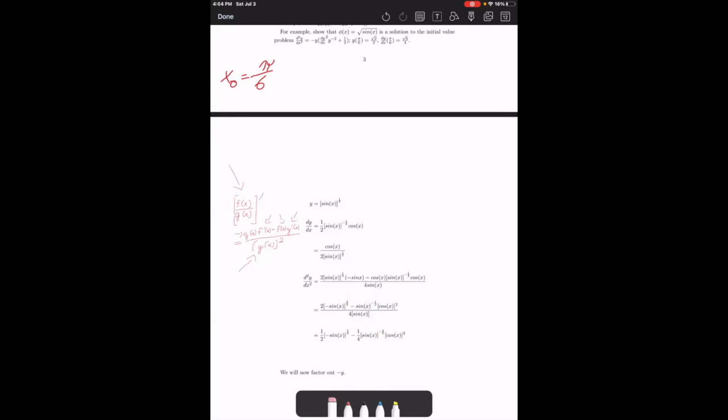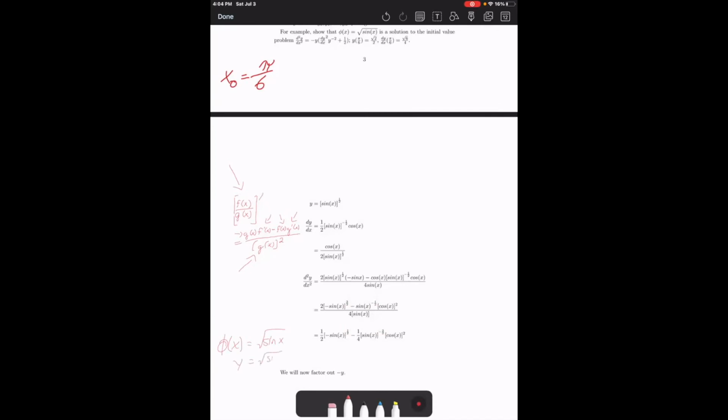Now, at this point, it would make sense if we begin to lose track of what it is we're actually trying to accomplish here. So realize that we are actually getting somewhere. We were given phi of x is equal to the square root of sine x. We want to know if that would be a satisfactory substitution for y.